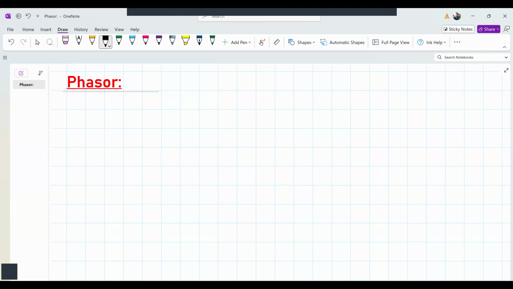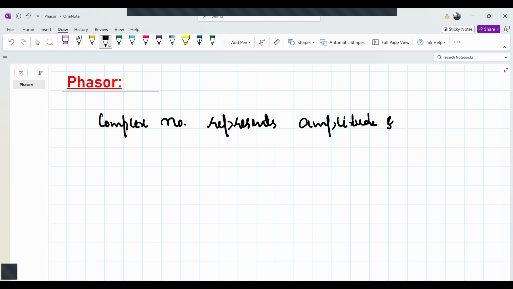So, a phasor is a complex number that represents the amplitude and phase of a sinusoid. Okay.